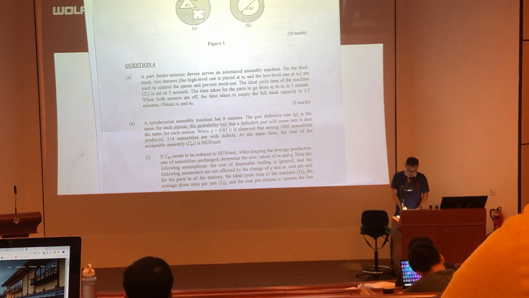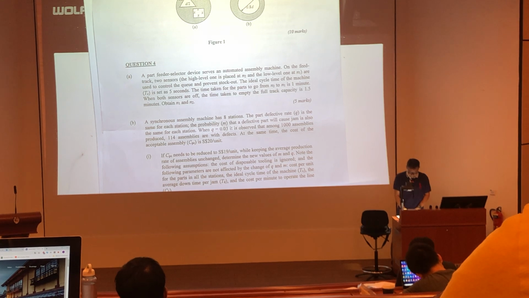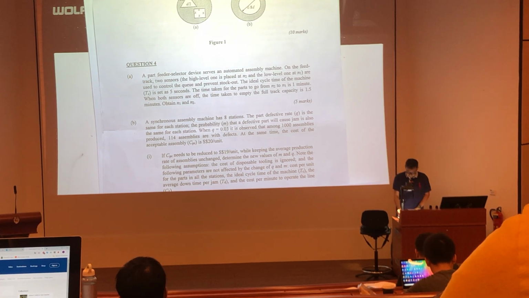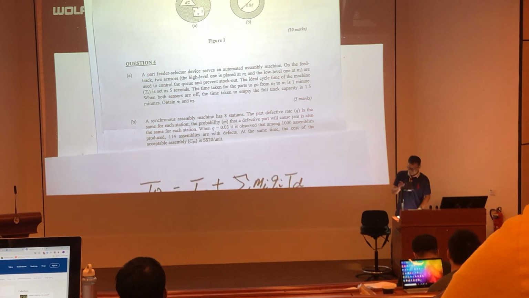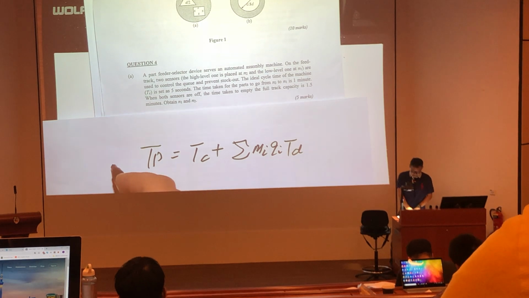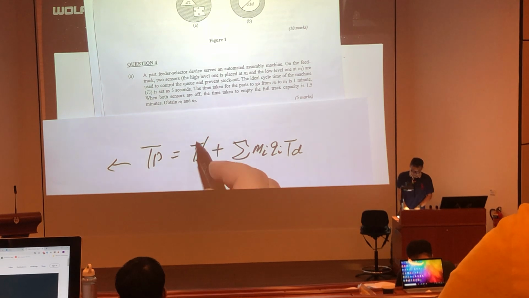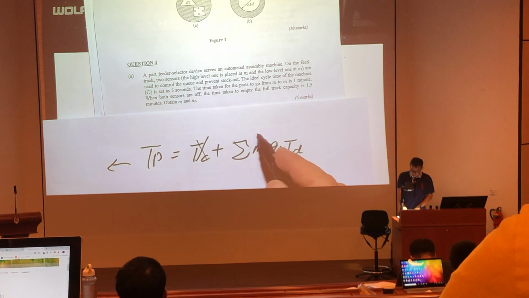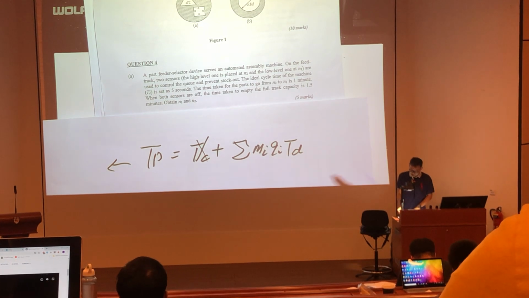And TP has a general equation. That's the general equation. So before and after, if TP is unchanged and TC is unchanged, and the number of stations is also unchanged, everything is unchanged.